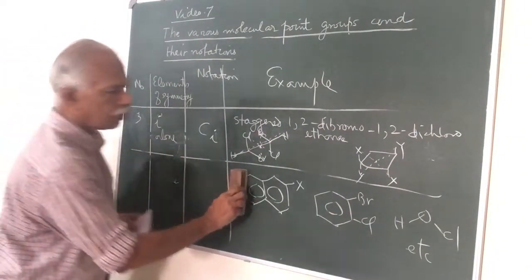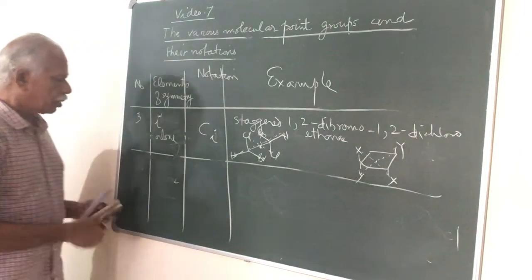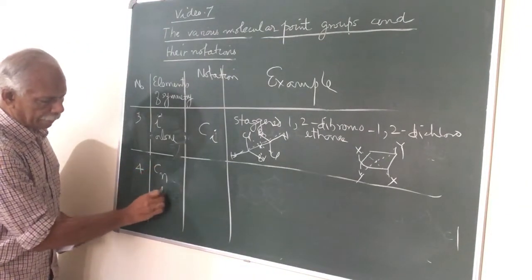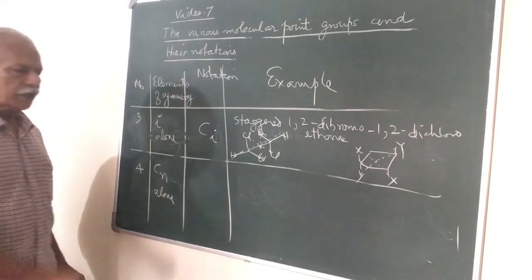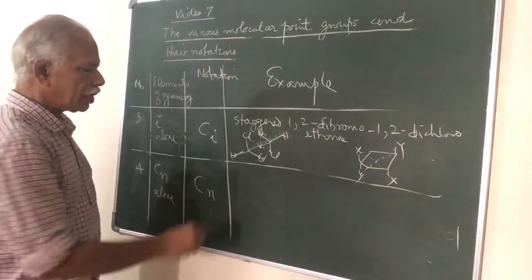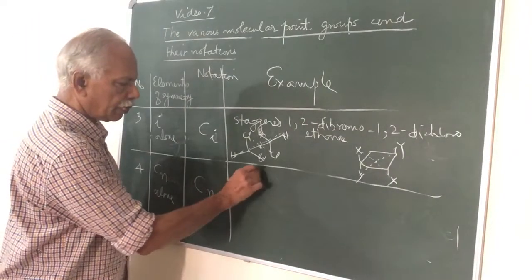Fourthly, molecules with Cn alone. The notation is Cn group. In this comes C2 group.